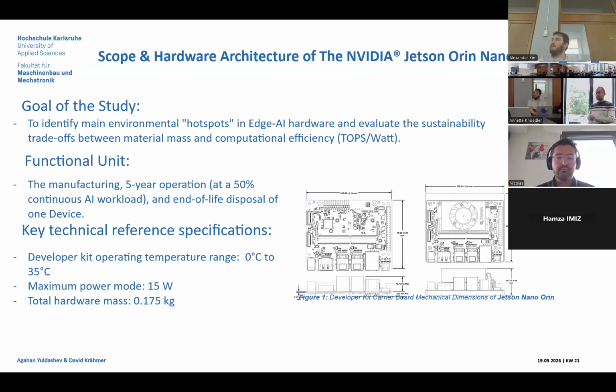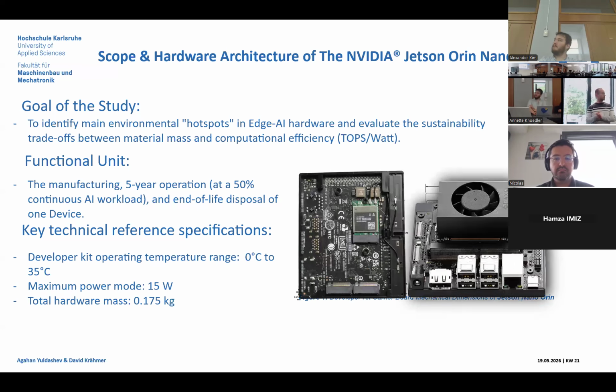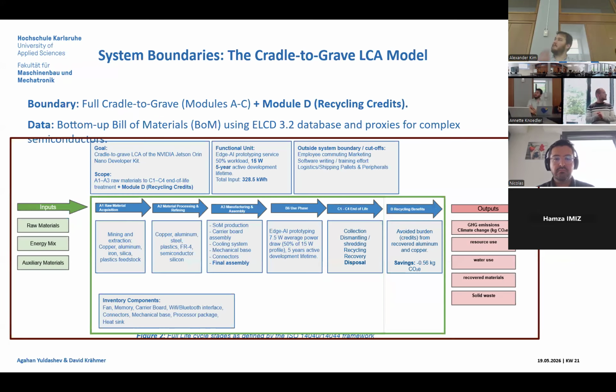Key specifications: it can run between 0 to 35 degrees Celsius, has a maximum output of 15 watts, and weighs about 175 grams. Here you can see a small visualization of the boundaries.